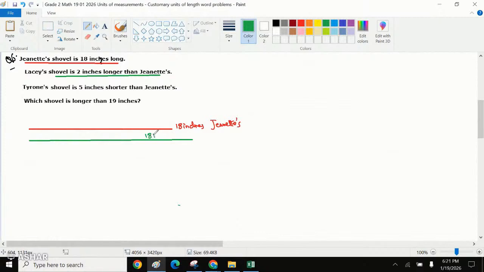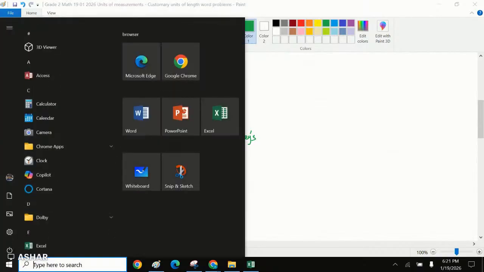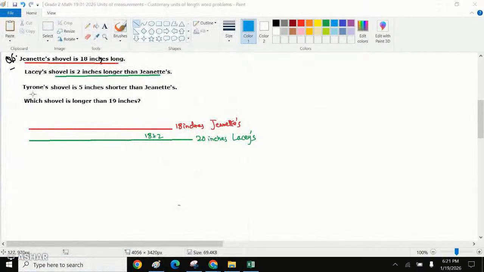This is 18 plus 2. That means 20 inches, right? That is Lacey's. What about Tyrone? Tyrone's shovel is 5 inches shorter than Janet's, right? So if this was the length, we can say 5 inches shorter. What is 5 inches shorter? That means 18 minus 5 should be 13 inches, right? And that is Tyrone's, right?